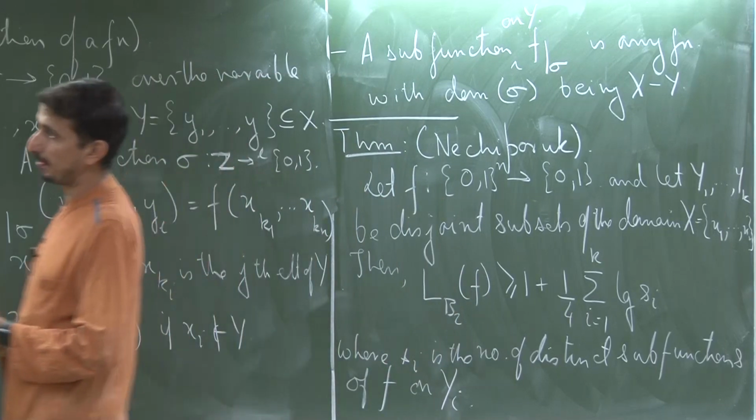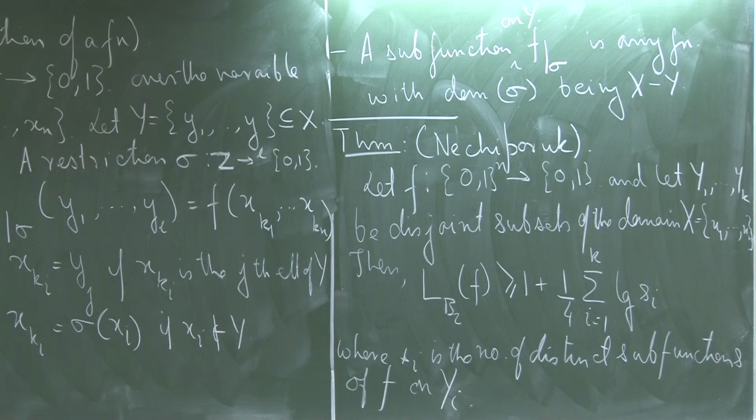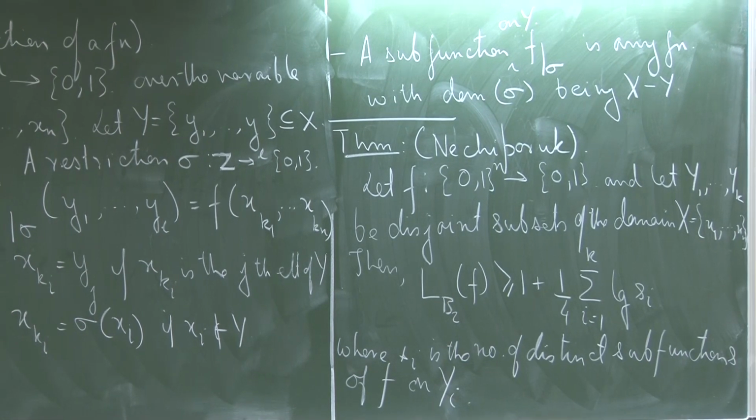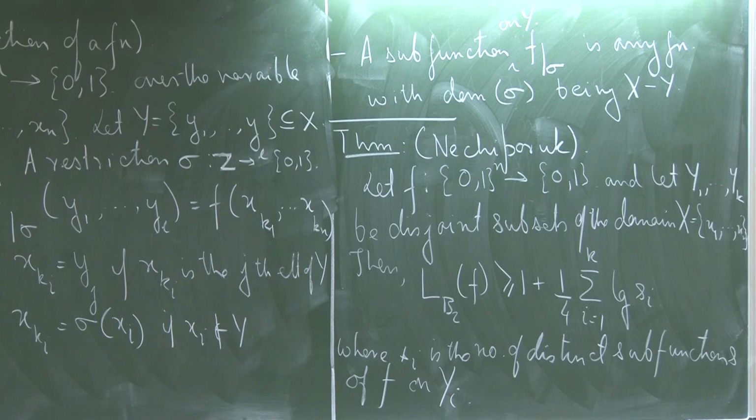Okay, so let me talk about the proof. Actually, the proof is not very difficult. Once this setup is there and once you understand what a function and its subfunction is, the proof is just a couple of observations.